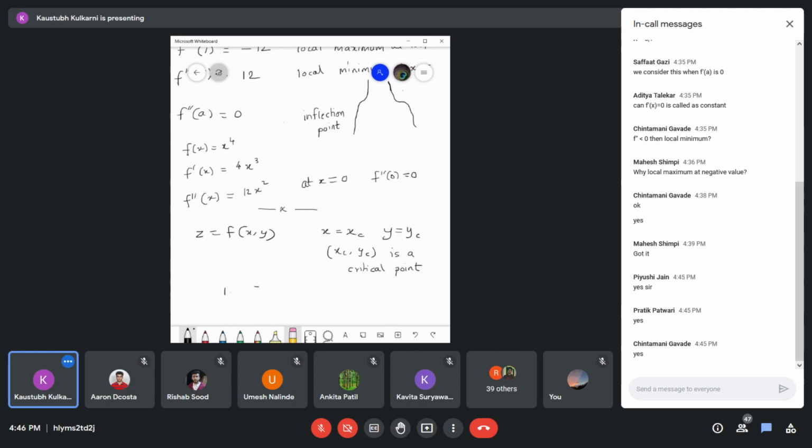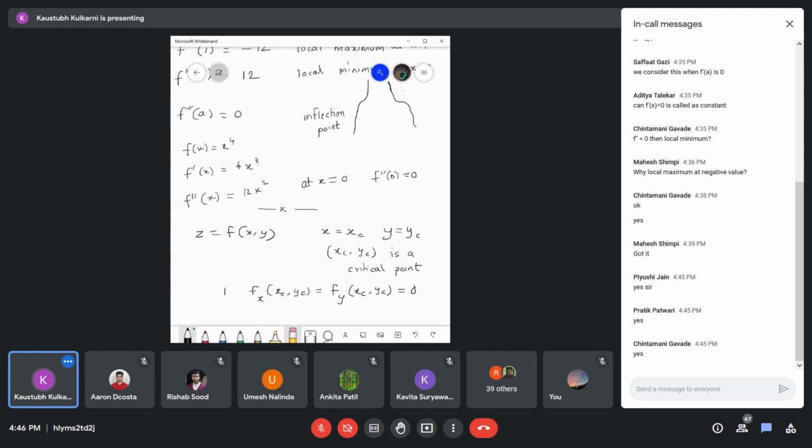First is fx, that is the partial derivative of f with respect to x at xc comma yc, is equal to the partial derivative with respect to y at xc comma yc, which is 0.